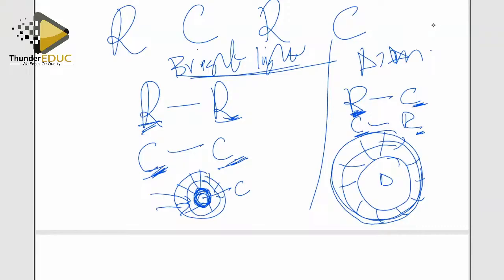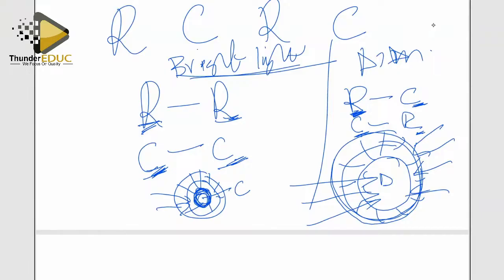The diameter of the pupil will dilate, meaning that the pupil will become bigger, and then more light will enter the eye, because this is dim light. So I will advise that you memorize one.